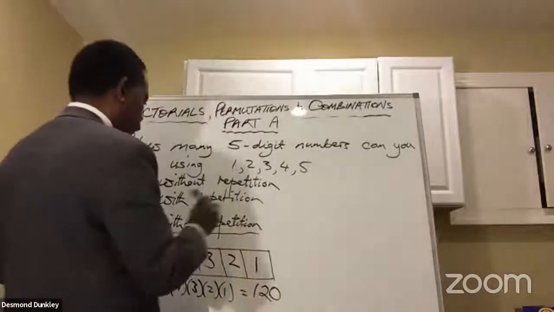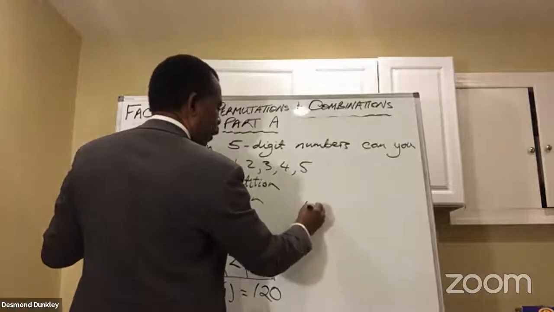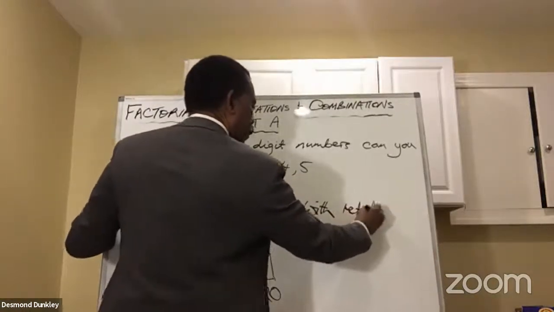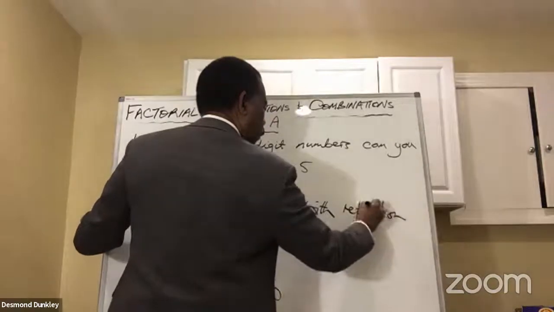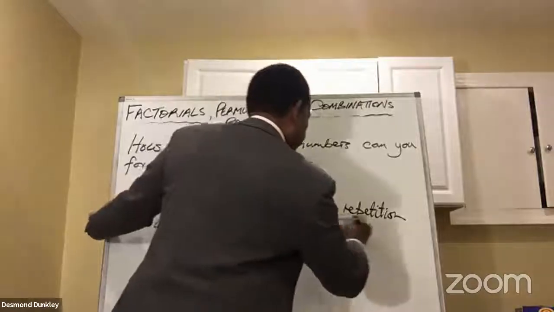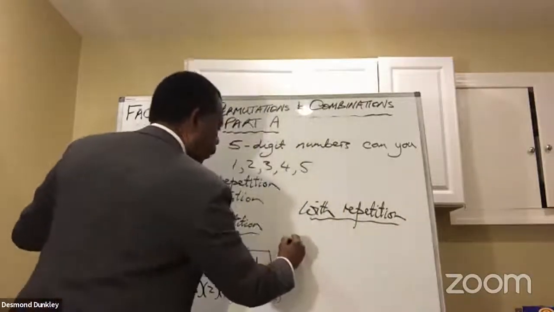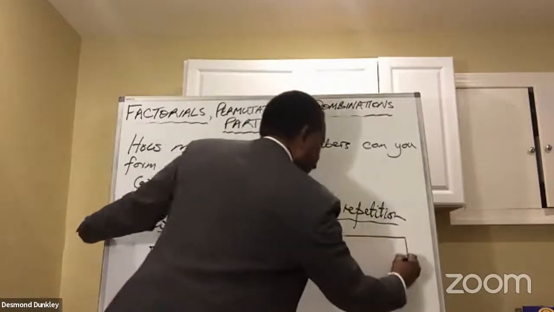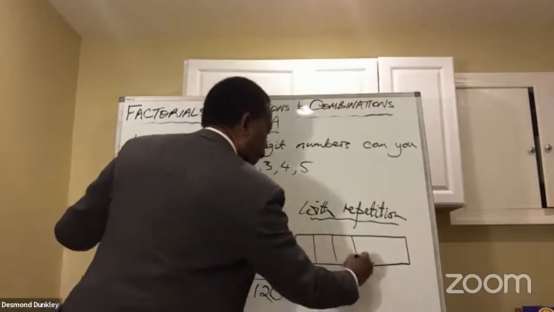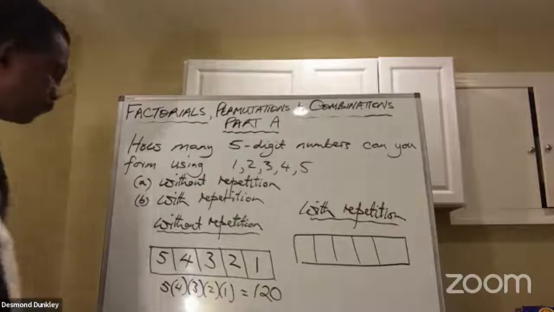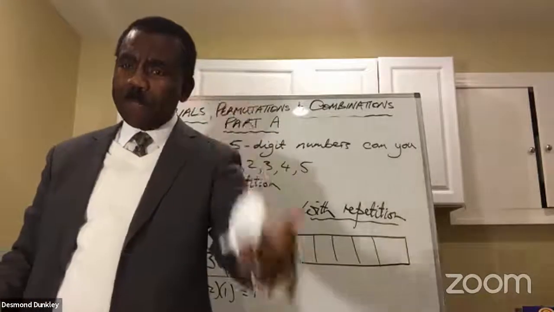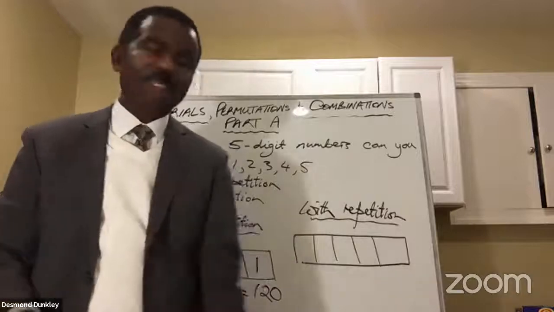So, with repetition, again, we have 5 boxes. This one says that you can repeat your digits.